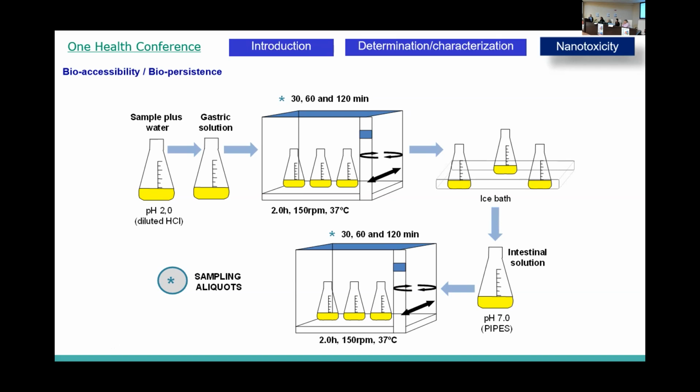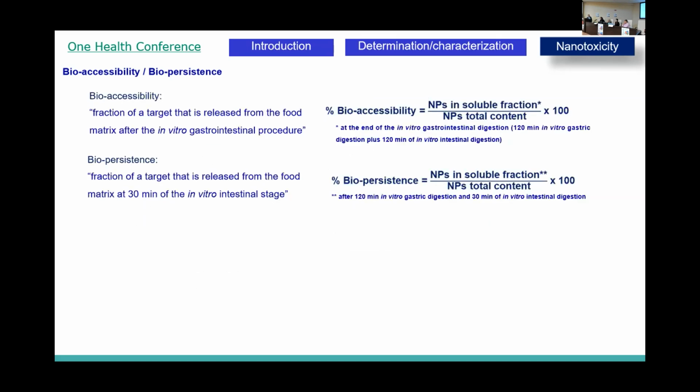As you can see here, we can take aliquots at several times in the gastric and also in the intestinal digestion stages. So we can calculate the bioavailable and the biopersistent fraction.